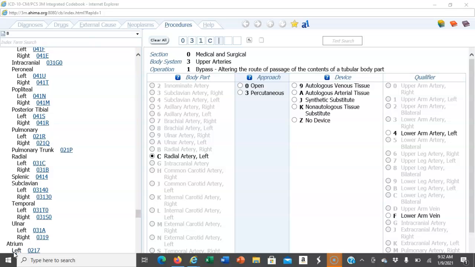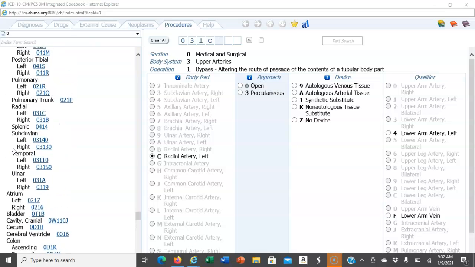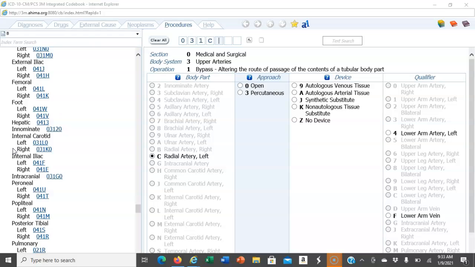The formation of one of these AV fistulas, the grafts, the shunt, is a bypass, because they are actually altering the route of passage so that the blood can get from the body into the machine to clean it. So in the index, we go to bypass, and they're bypassing the radial artery.